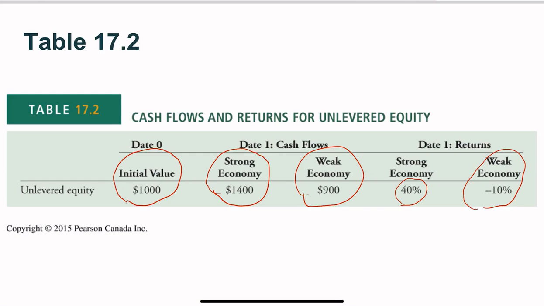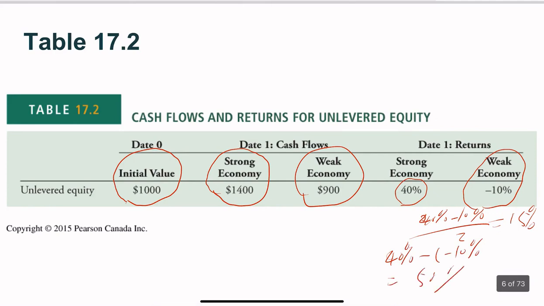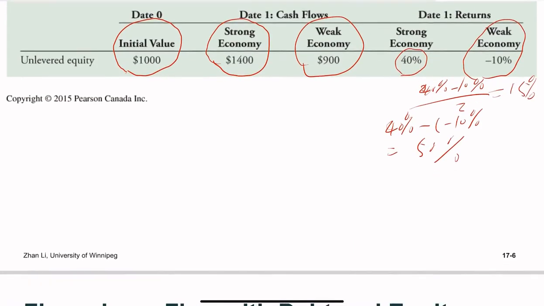If you look at the average return, it's 40% minus 10% divided by 2, which is 15%. You can also see the difference in the return: 40% minus 10%, so the difference is 50%. That is, high return minus low return gives you 50%.